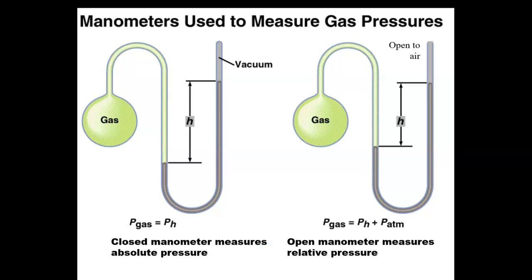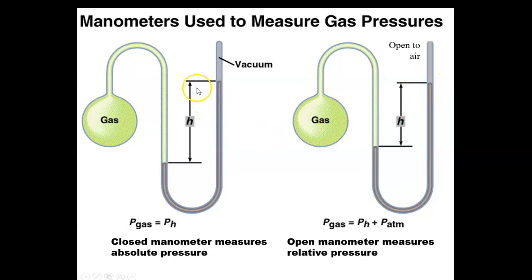There are 2 kinds of manometers that can be used to measure gas pressure. This first one here is like the Torricelli barometer. That is, you're measuring the gas by a liquid, usually mercury or xylene, that is pushed up into an evacuated tube. It's very rare to see one of those. In fact, I have never seen one of those in operation. The other kind of manometer you will more frequently see in chemistry and physics labs is a U-tube that is open to the air.